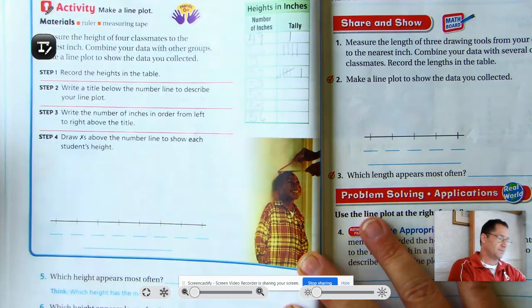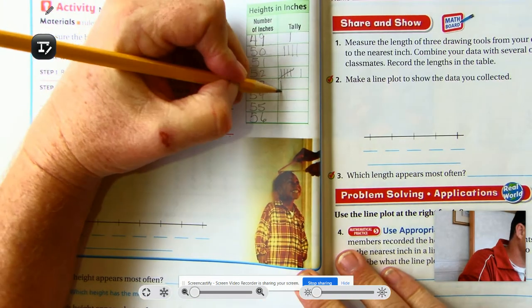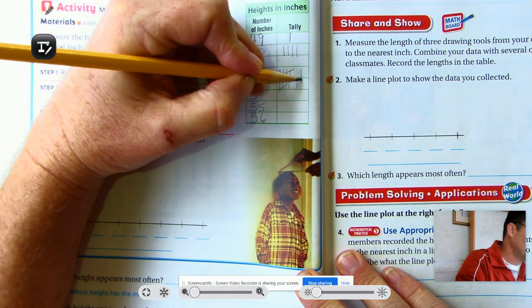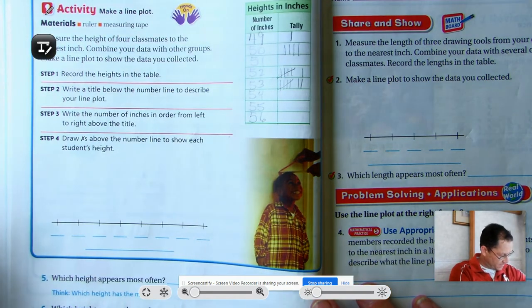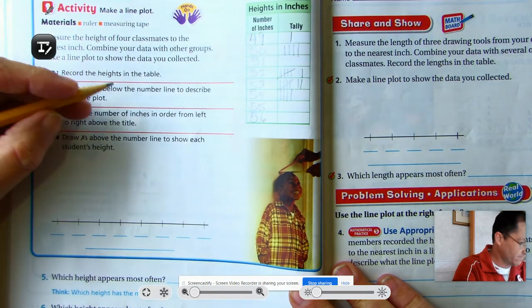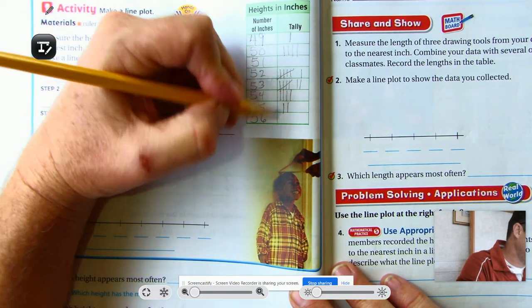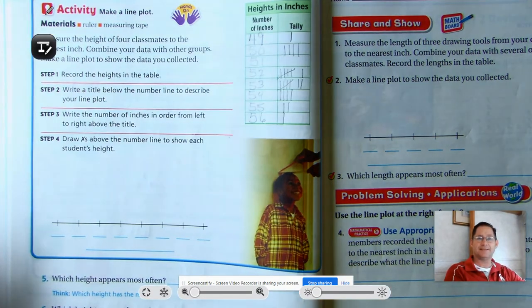We're going to say 6 tally marks for 52 inches. 7 tally marks for 53 inches. 4 for 54. 2 for 55, and let's put 1 for 56.